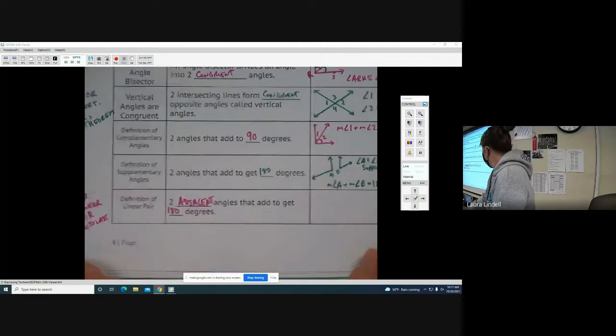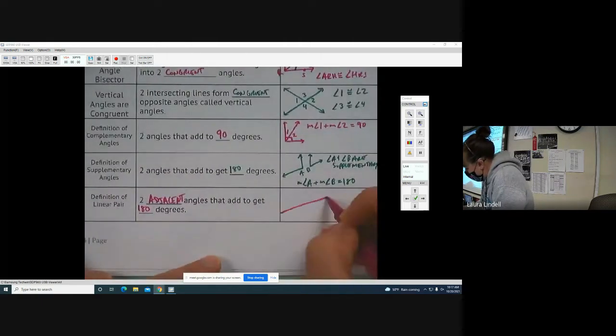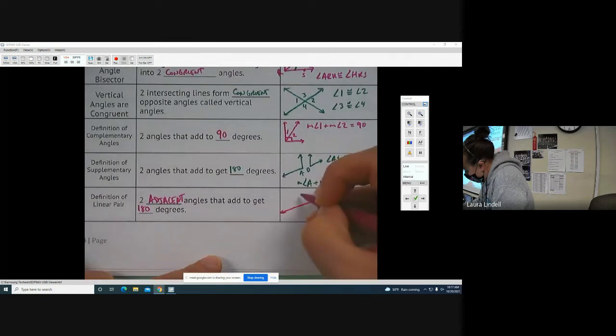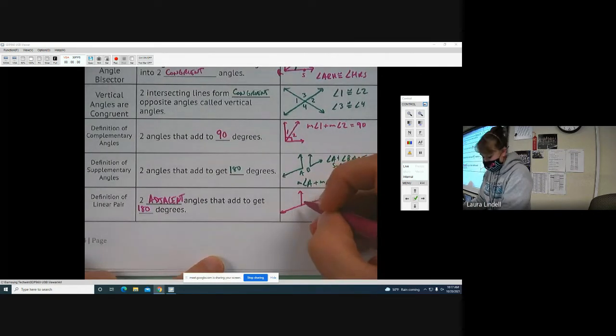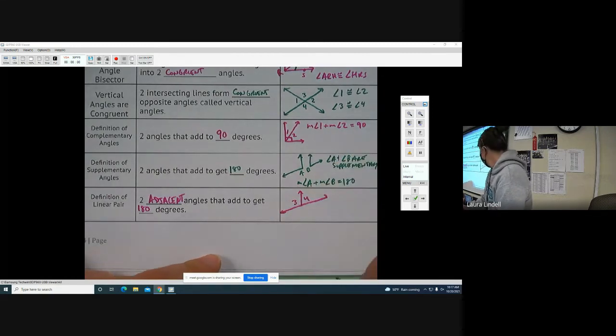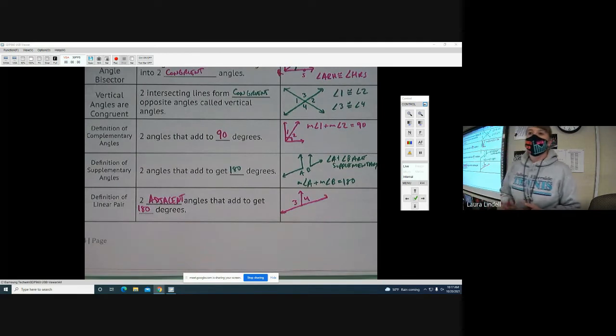And then the only difference in the picture here, we might have, let's see, angle 3 and angle 4 here. And our picture has to be like this, where they're adjacent, versus supplementary, where they could be adjacent, but they could also be non-adjacent.